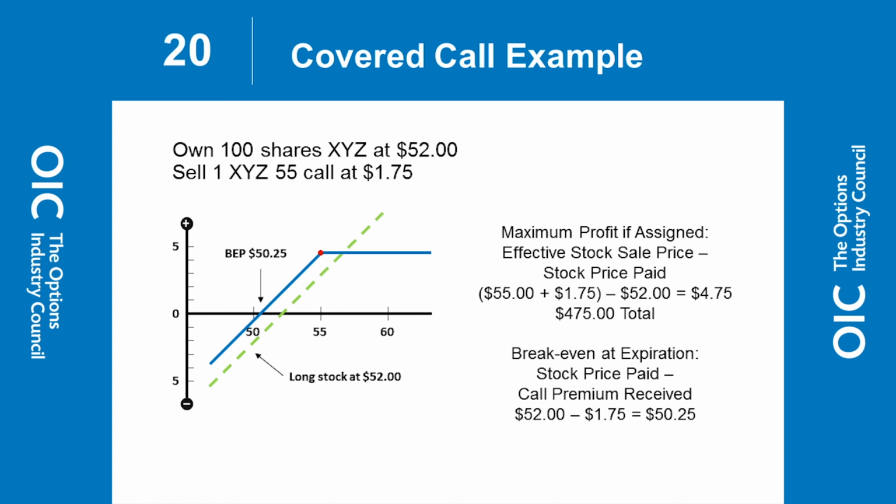Now, obviously, after each time, you're going to want to go back to your motivation and your forecast. Are you still neutral to moderately bullish on the stock? Are you still looking for income, what have you? But assuming that's the case, you can sell that option over and over. Should you do that 6 times throughout the year, that 3% return now becomes an 18% return, which is a substantial difference.